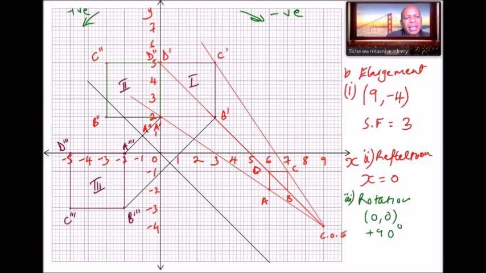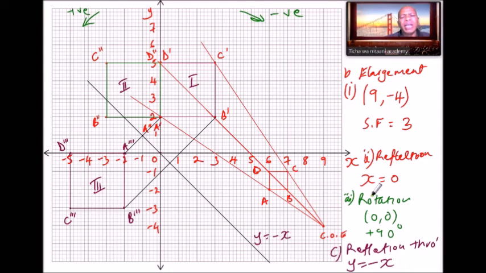We can say this is the line y equals minus x. You have dealt with this line so many times. So you can say, part C, you can get at it through a reflection through y equals minus x. And that is how you answer that question.